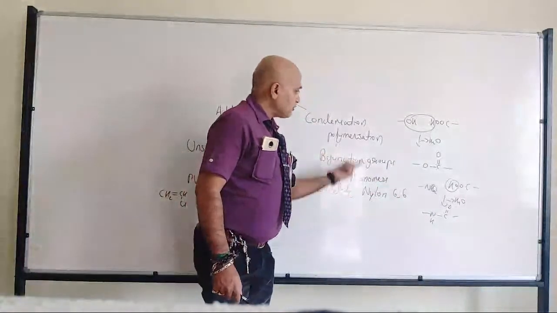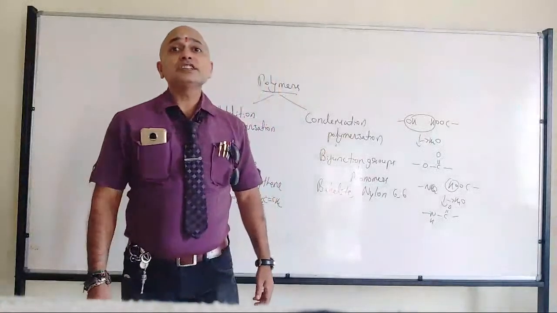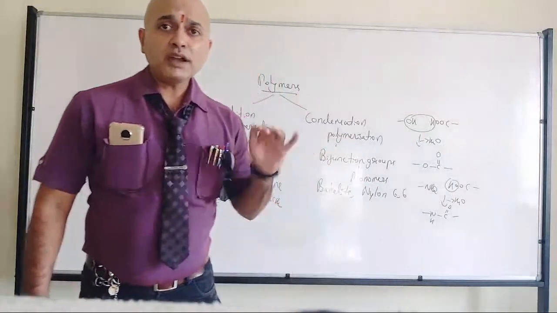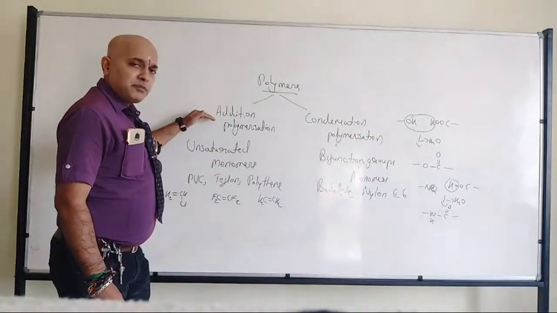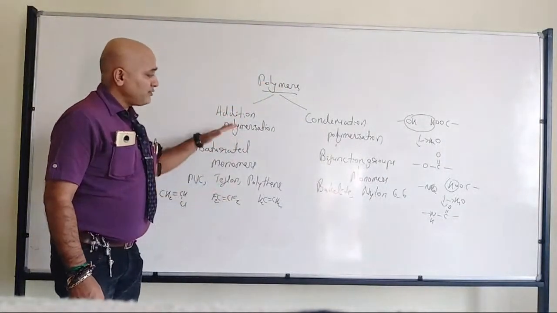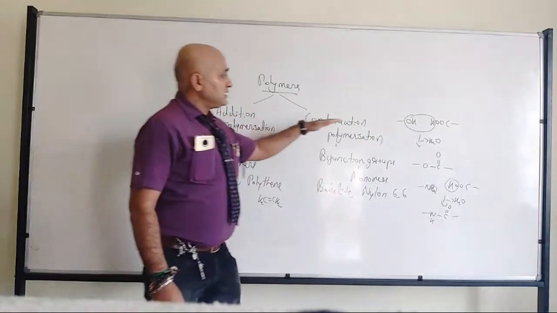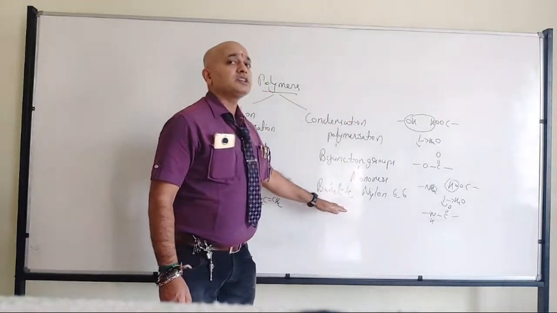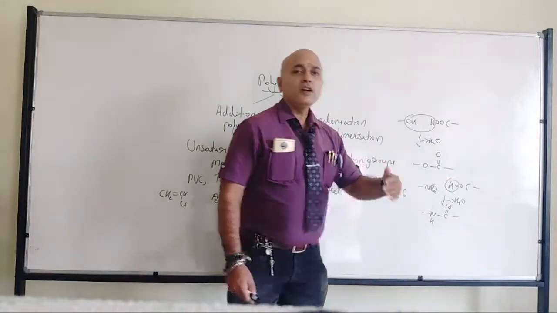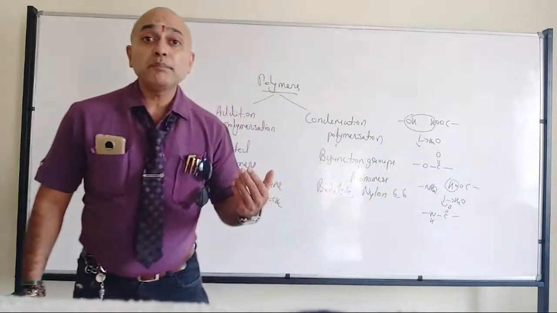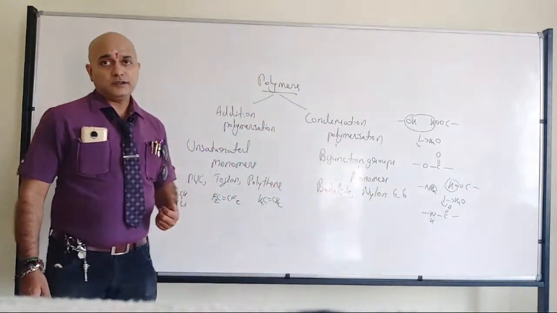You can include that in condensation polymerization too. So what I mean to tell here is, in addition polymerization there is no liberation of any side product. But in condensation polymerization, yes, there is a liberation of small molecules like water, or any other molecule depending on the functional group.